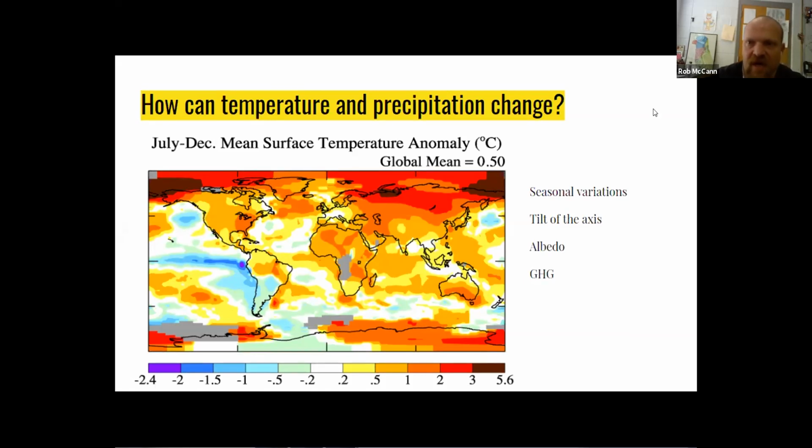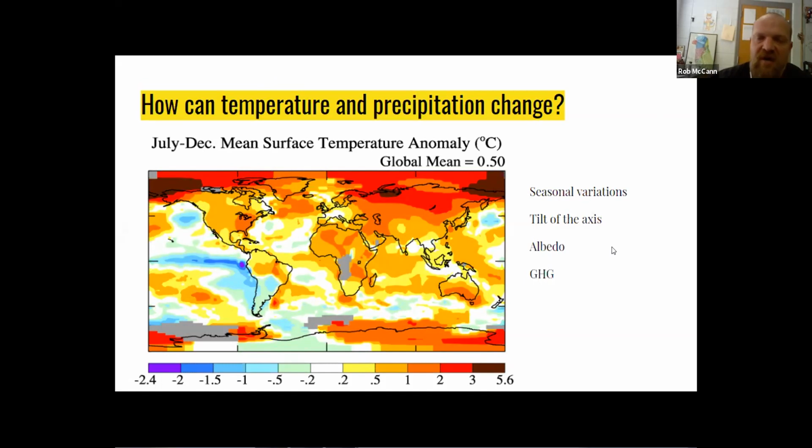Another big contributing factor to temperature would be the greenhouse gases. We know the greenhouse effect is a natural phenomenon, and that natural phenomenon is why our temperature on Earth is what it is.